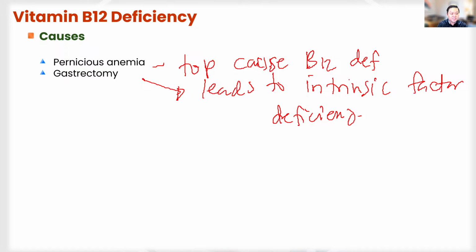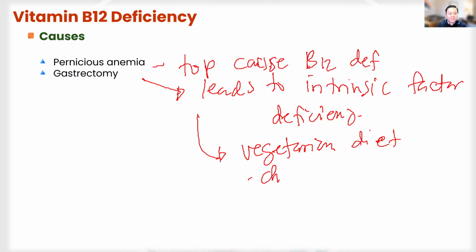Another is a vegetarian diet with exclusion, of course, of the animal products. Chronic alcoholism is another one, because of course this can lead to the poor dietary intake as well, and it can also impair the absorption of the vitamin B12.